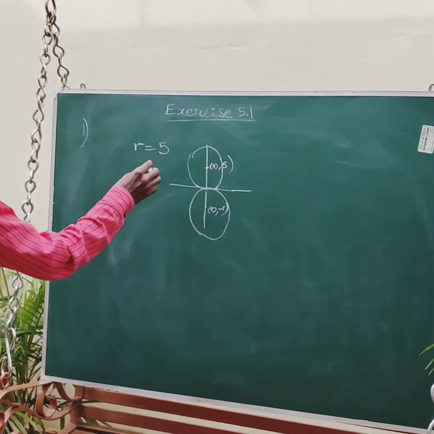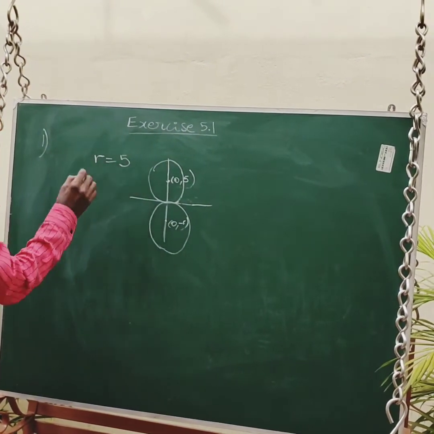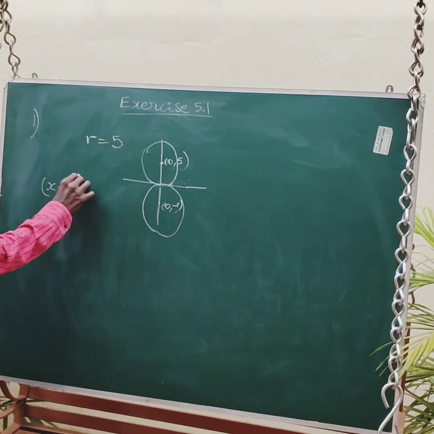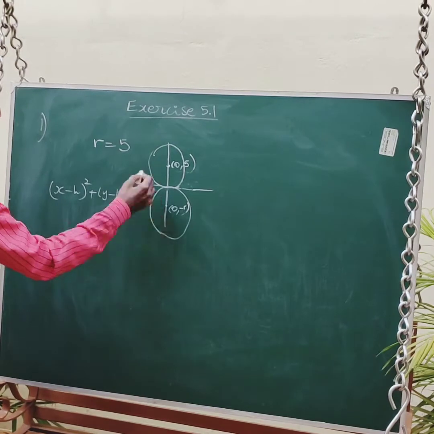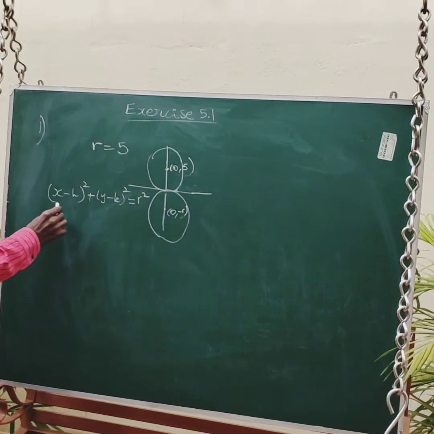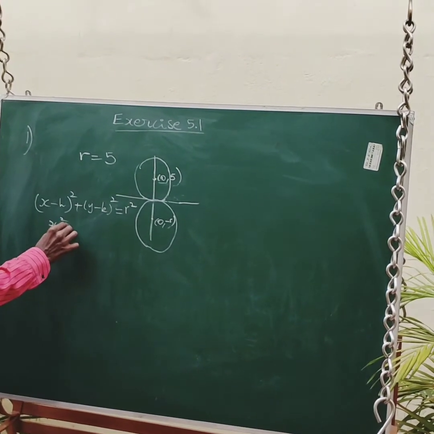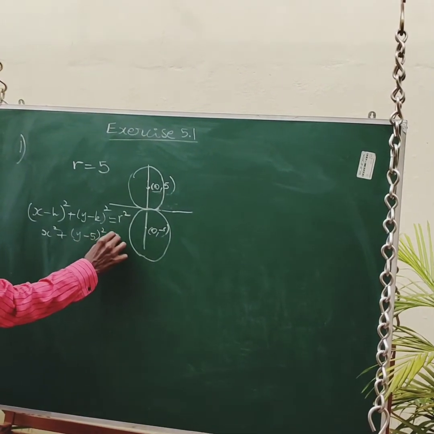First, if we consider the center as 0, 5 and the radius as 5, we have the standard equation (x minus h) whole square plus (y minus k) whole square equal to r square. Replacing the values, we get (x minus 0) whole square, that is x square, plus (y minus 5) whole square equal to 5 square.